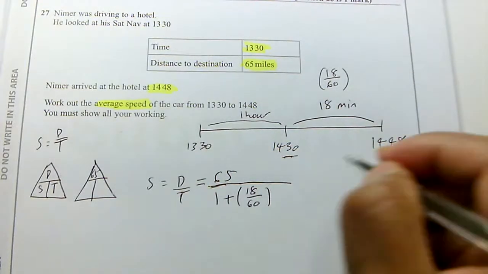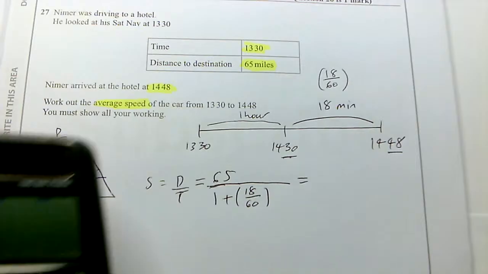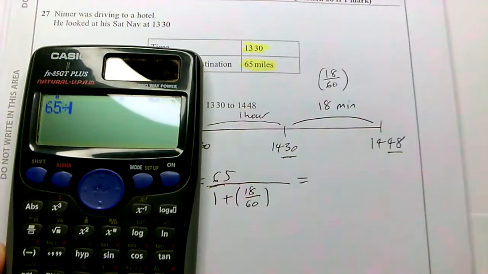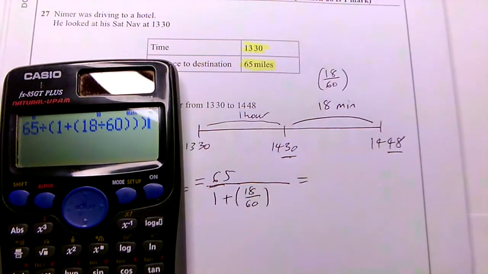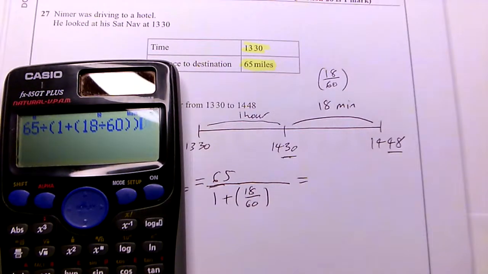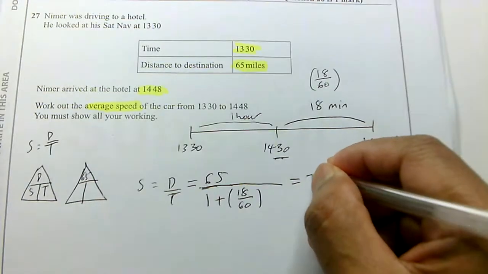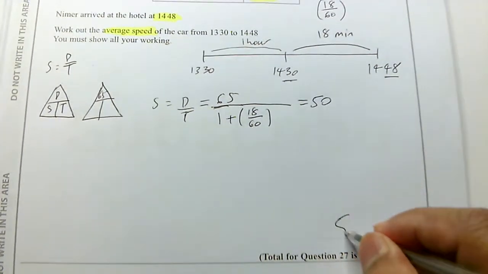I just need to put that into my calculator: 65 divided by bracket 1 plus bracket 18 divided by 60, close bracket. When I press enter, I've got 50. 50 is my answer, and so my answer is 50 miles per hour.